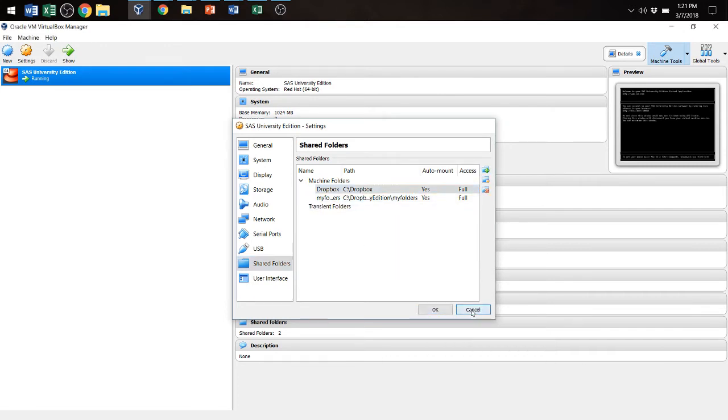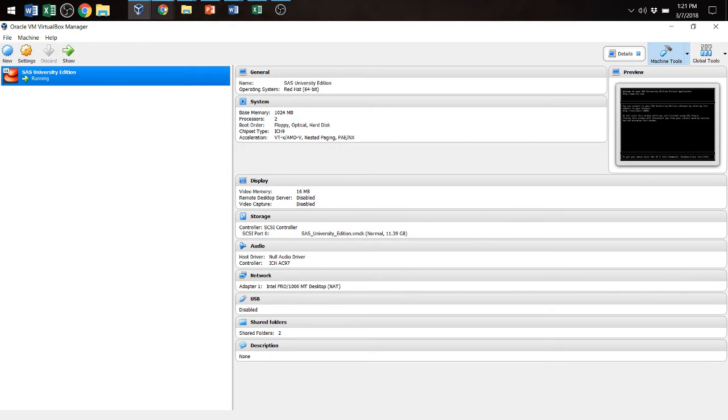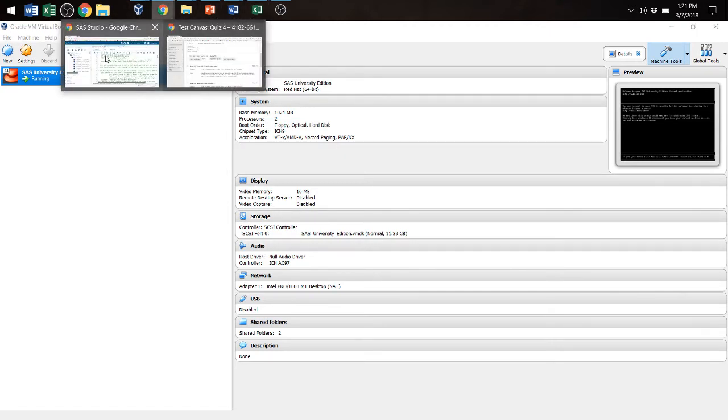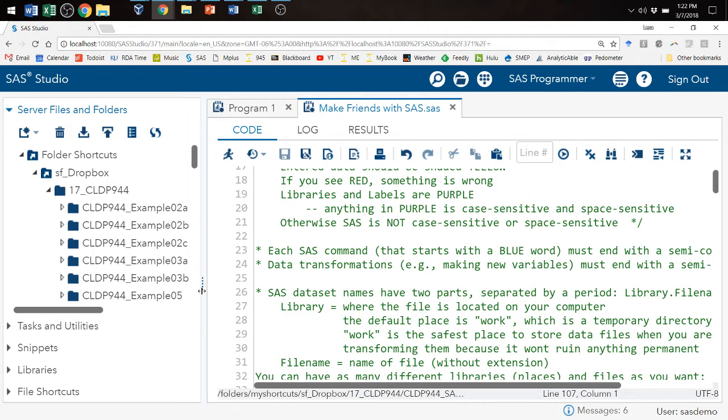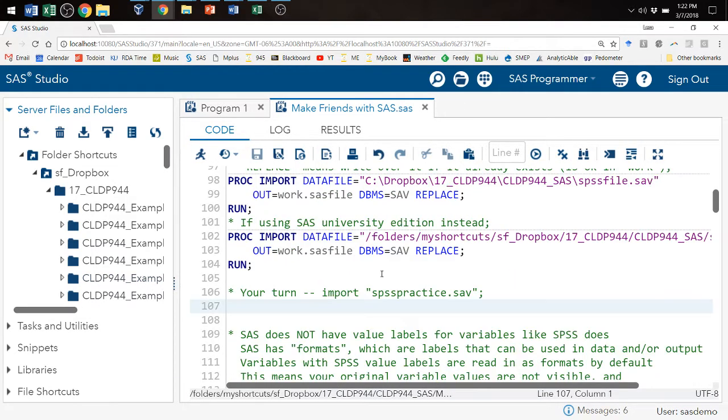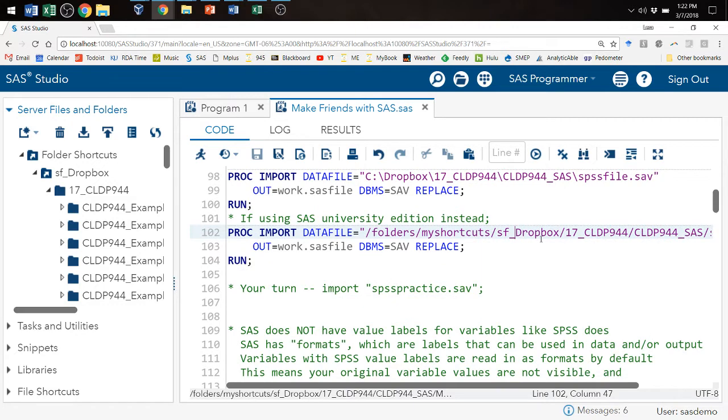Previously I had SAS syntax files that referred to something that looked like this: folders, then My Shortcuts, and then the name of the shortcut was called Dropbox, and that wasn't working.